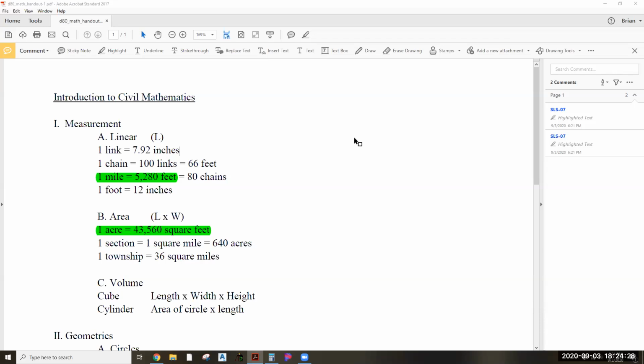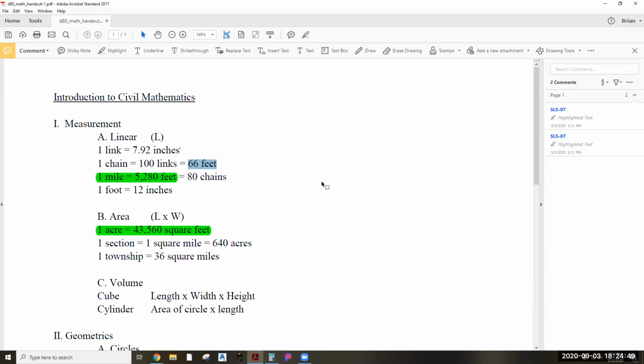So you have to understand if something says a property line is 10 chains long, it's really 66 times 10, which is 660 feet long. Okay, so you just have to understand that terminology.